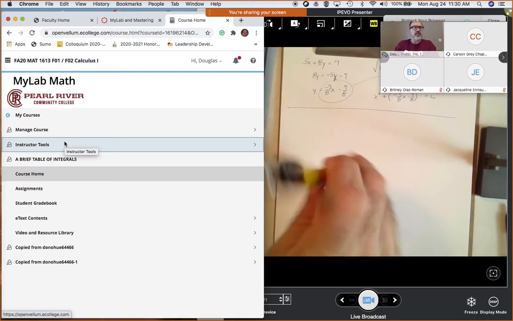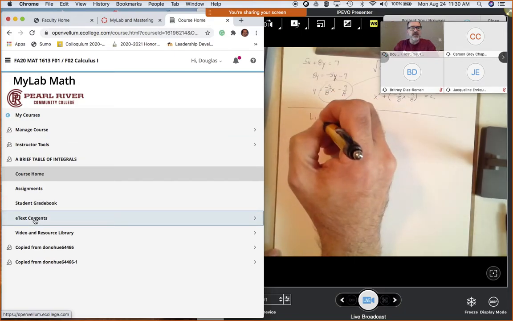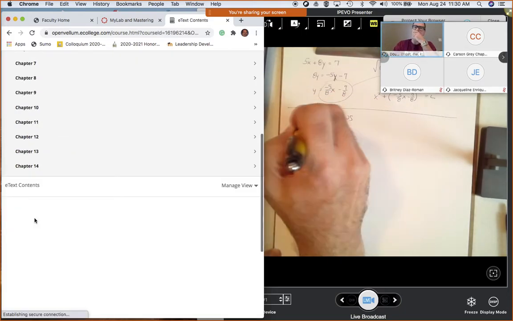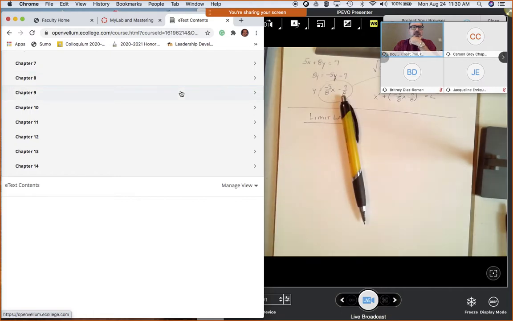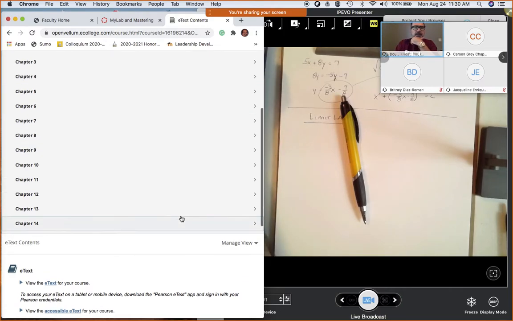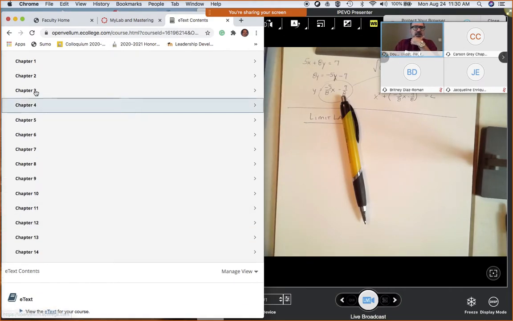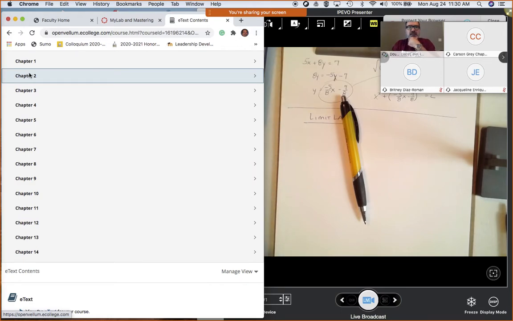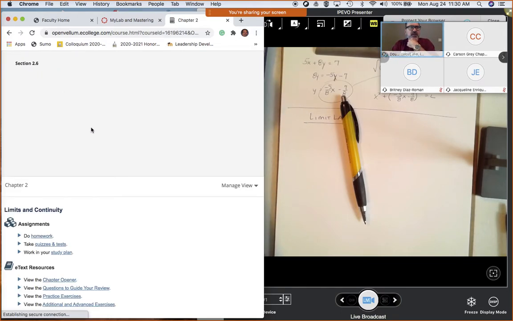It might even be easier if I jump in here to your book and we look at them as they're printed. They're really pretty simple, and they're a bit common sense too. For example, if you have the limit of two functions and you add the functions, then you would add the limits also.